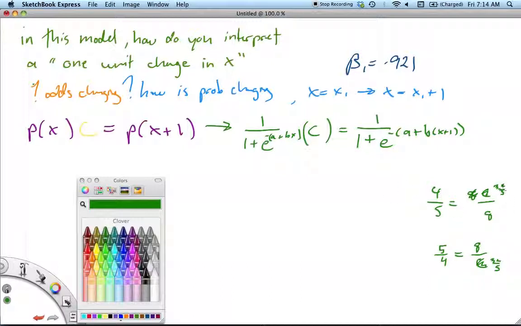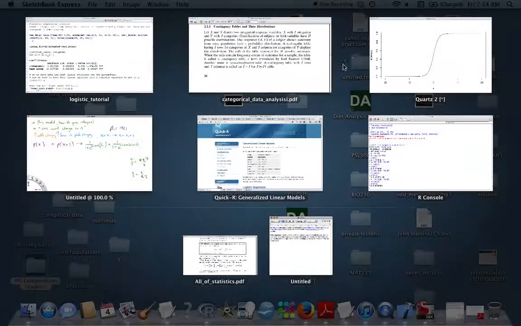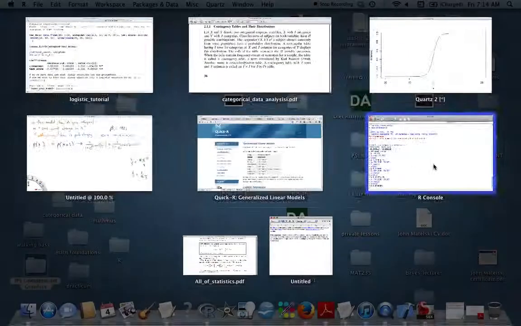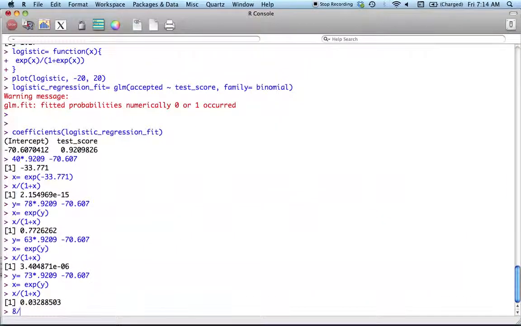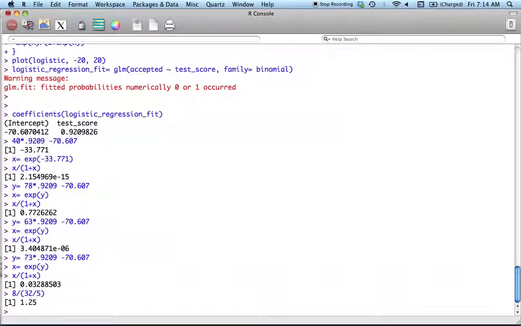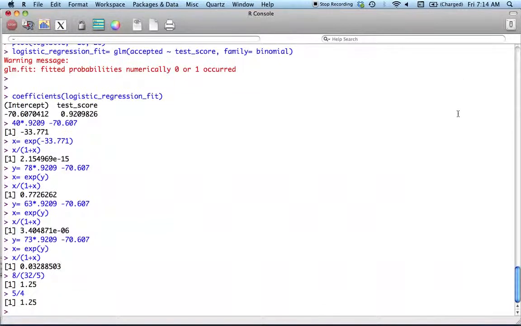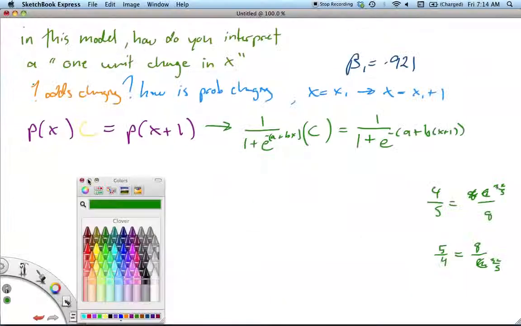So just to verify, I can take any fractions and flip everything on both sides of the equality and still have a true statement. 8 over 32/5, and 5/4. Okay, so I like that. I believe that I can do this.